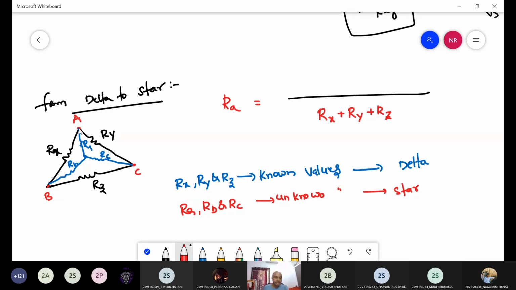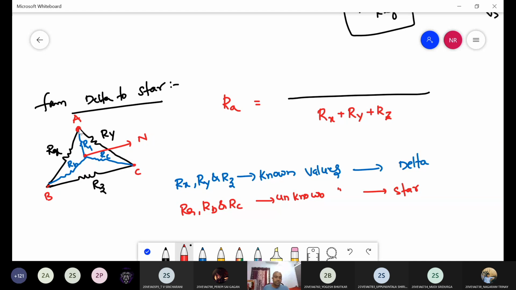Ra resistor is started. This is the neutral point. In delta we don't have the neutral, but in star we have the neutral point, the common point. One end of all three elements is connected at one point, that is neutral. So here Ra starts from A point.